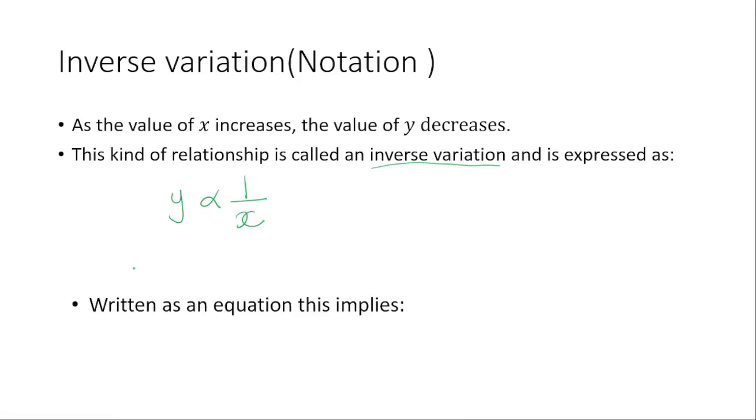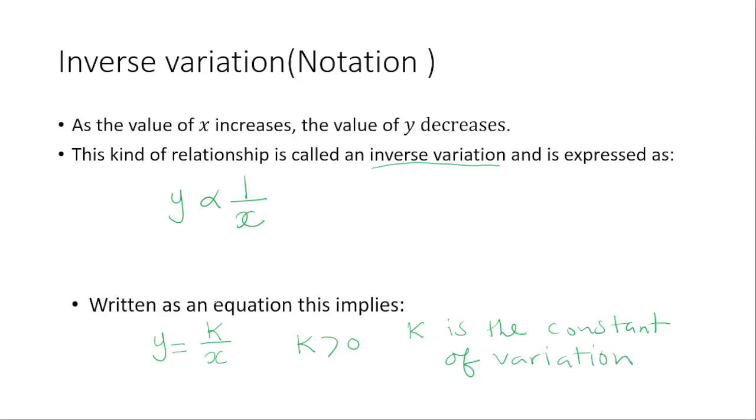This implies in equation form that y is equal to k over x, where k is greater than 0 and k is the constant of variation.